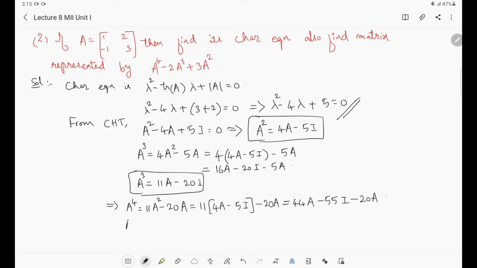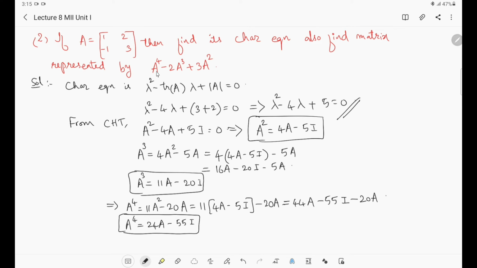Therefore A to the power 4 equal to 44A minus 20A, we will get 24A minus 55I as it is. So we got A squared, A cubed, and A to the power 4.